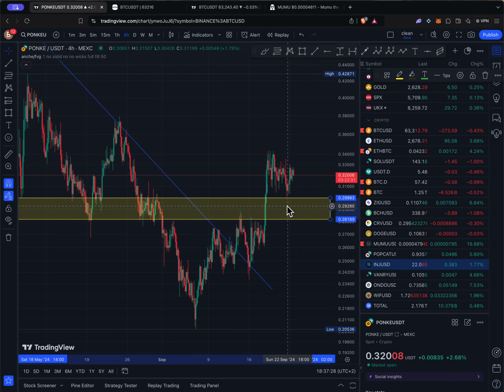Always, I don't work so much with limit buys, blind limit buys, I call them, because you place them, they may get filled, but then they can go and flush down.